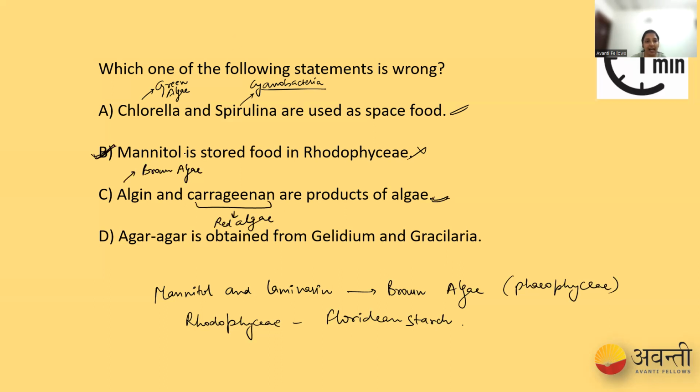Option number D says agar and agar is obtained from the gelidium and gracilaria. Absolutely correct. Agar is a solidifying agent and it is obtained from the red algae, which is gelidium and gracilaria. So this is also correct. But statement option B is incorrect and it's also correct with respect to the question because question is asking about the wrong statement. I hope it is clear to everyone.